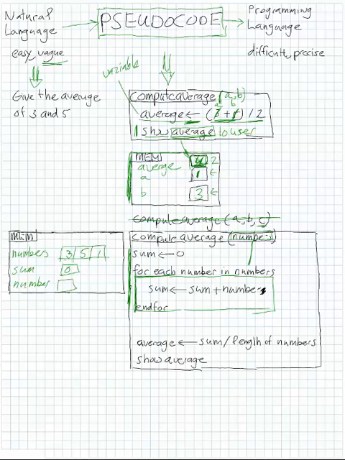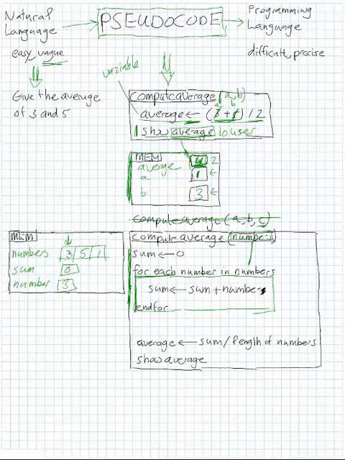We'll make a new variable number. So the first time that we get here, a number gets assigned to the first number in our numbers list, so that's 3. So number gets the value 3.